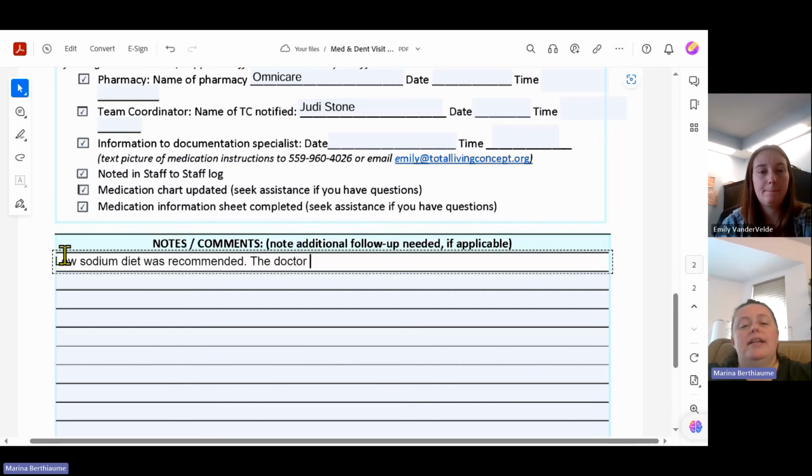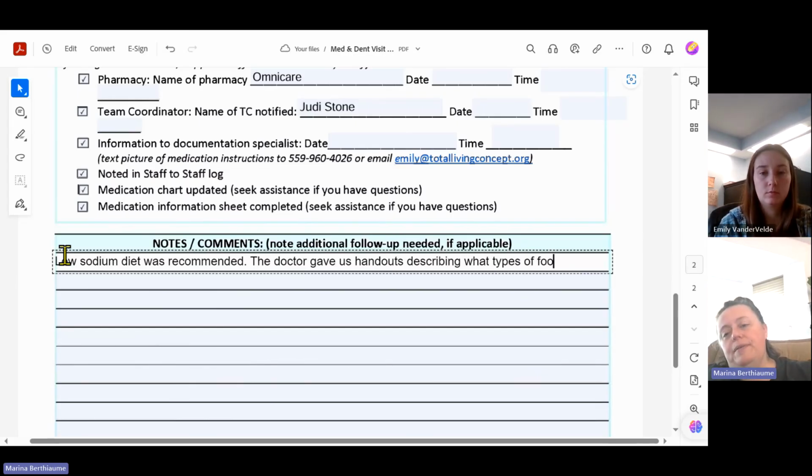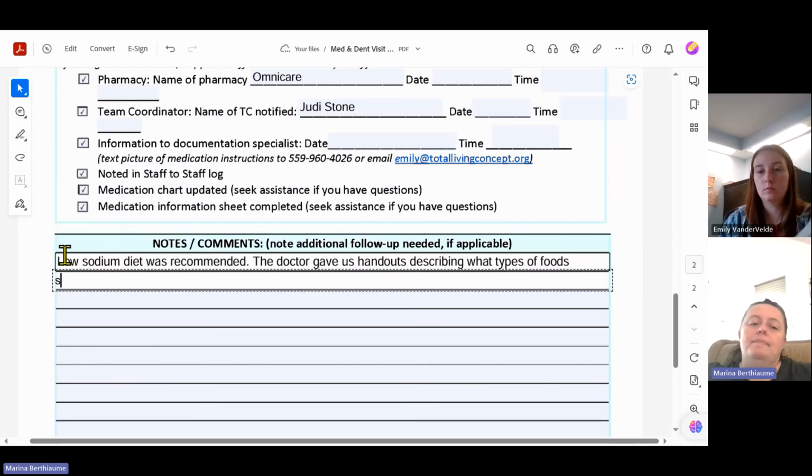The doctor gave us handouts describing what types of foods should be eaten.